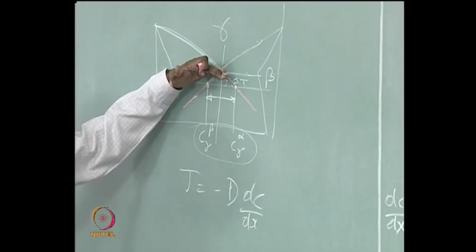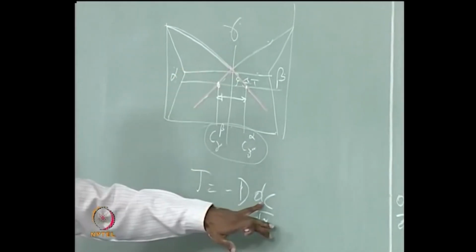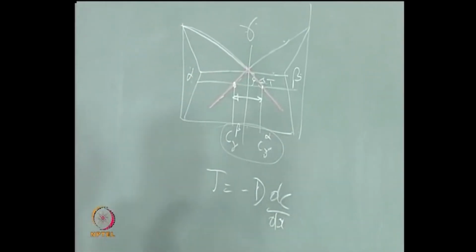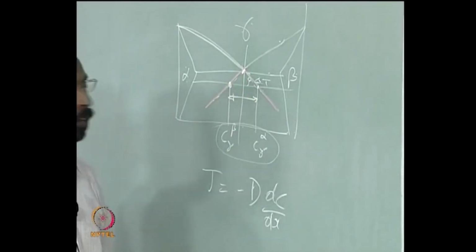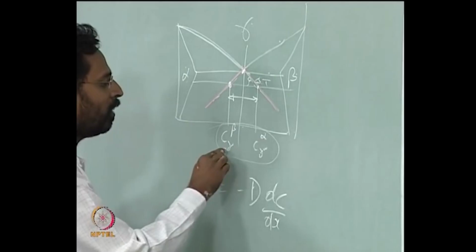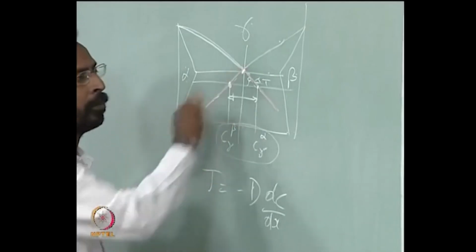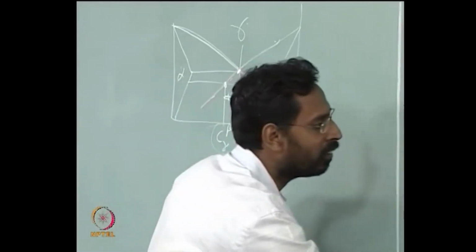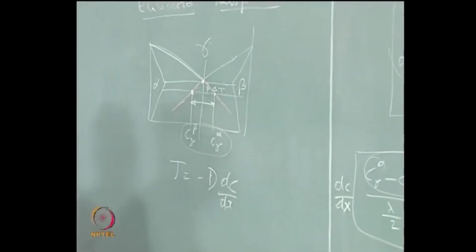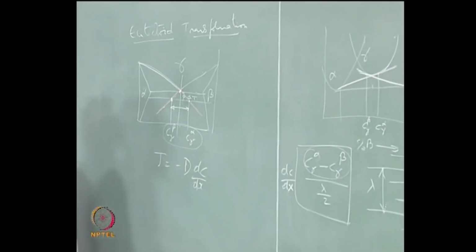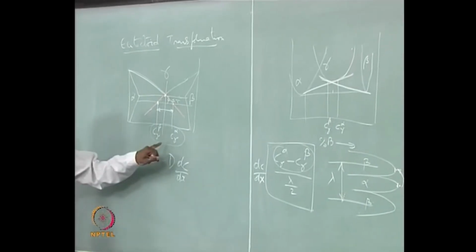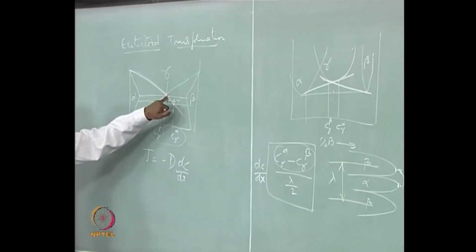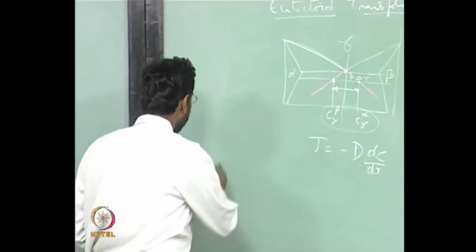In principle, growth rate will be 0 because dC is 0, because you can see this difference at the eutectoid temperature is 0. That means C gamma alpha minus C gamma beta is 0 at this temperature, and it is part of the gradient, and if there is no gradient, there is no diffusion.